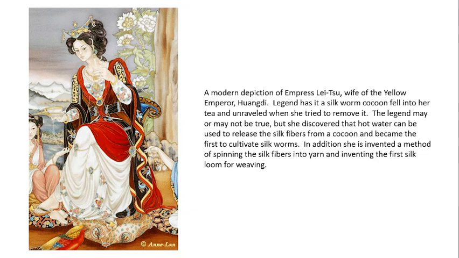From there, again, she did indeed invent the method of harvesting those silk fibers, figure out how to spin them into yarn, and created a specialty loom just for weaving. That's the origin story, and silk has ever since then been a huge part of Chinese history and culture, creating many ancient garments of just absolute beauty from silk.